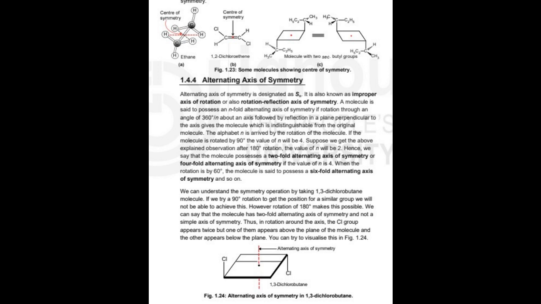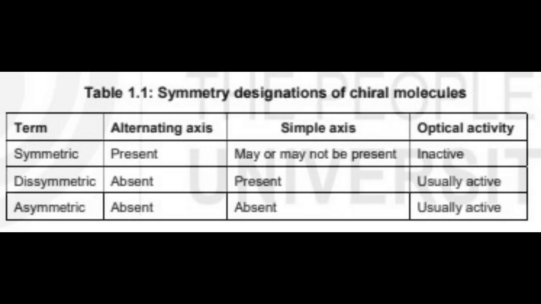In order to understand the operations, let us consider an isomer of 1,2,3,4-tetramethylcyclobutane that has the methyl groups alternately above and below the plane, structure I in Fig. 1.25. Let us see the result of rotation of 90 degrees on structure I. We get structure 2.